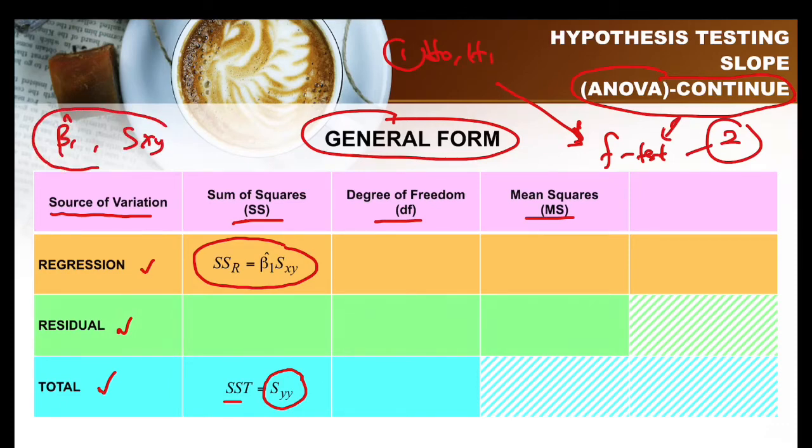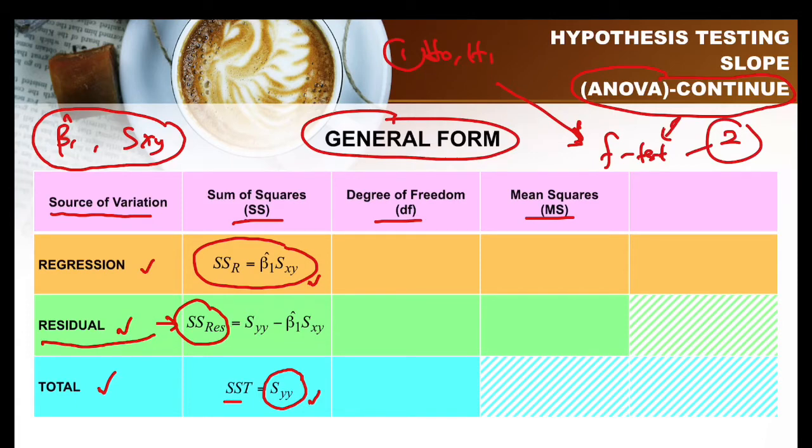You have learned before how to calculate these, so you just substitute into this formula and you will get the sum of square regression. How do we get the SS residual? You just take SYY minus SSR, and you will get the SS residual.